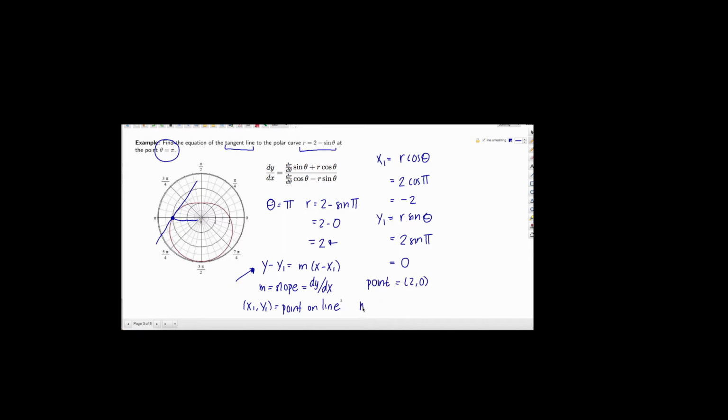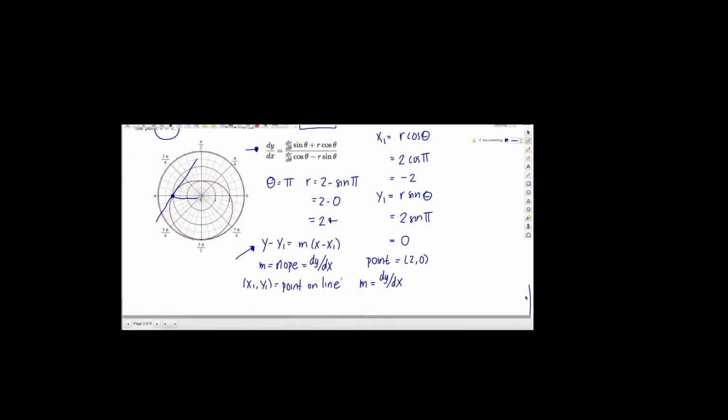And so now for our slope, we need dy/dx. So we remember the formula that we just derived previously for dy/dx for a polar curve. And if you don't remember this, as I said in the previous lecture, it's fine to just go ahead and rederive it using your product rule for y is r sine theta and x is r cosine theta.